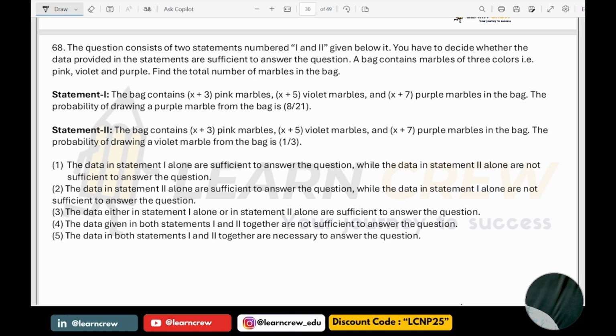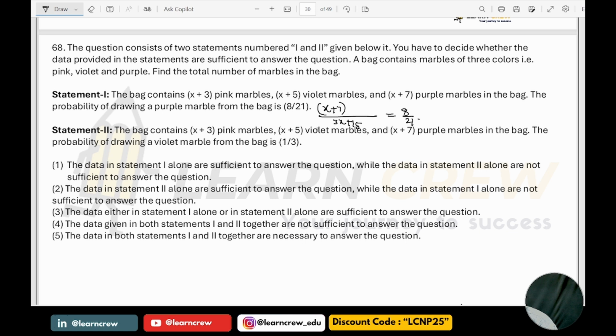So the total number of purple is x plus 7, out of the total. The total is x plus 3 plus x plus 5 plus x plus 7, which is 3x plus 15. So x plus 7 divided by 3x plus 15 is equal to 8 by 21. If you simplify this, how much are you going to get?